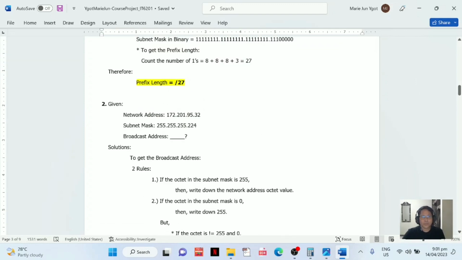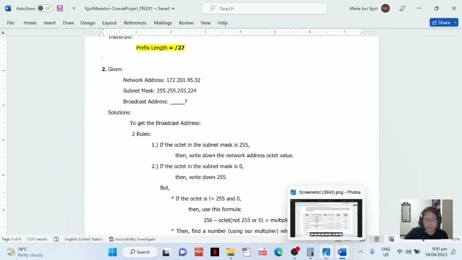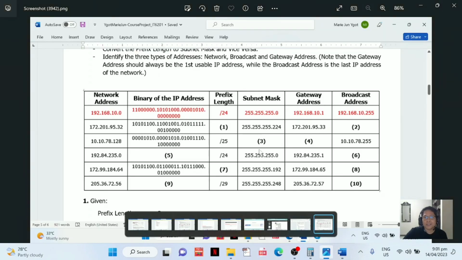So let's go to problem number 2. I have prepared here a screenshot so that we will not scroll up and down, back and forth. Our problem number 2 is to get the broadcast address.